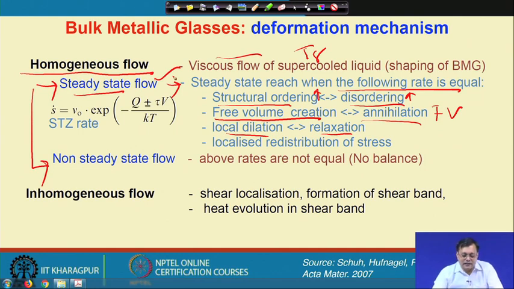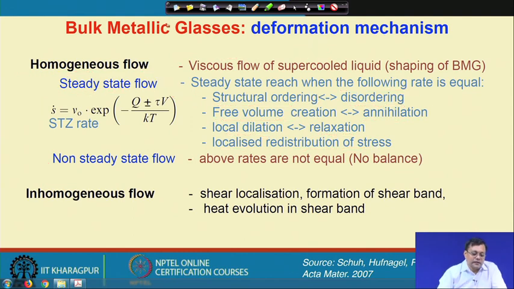That is the understanding, and this only happens when there is a localized redistribution of the stresses, because once the stress is applied, some cluster where the stress concentration goes higher rearranges itself, and again the stress relaxes. So, not only in terms of free volume creation and free volume annihilation, their rates need to be equal, and then we can reach a certain steady state.